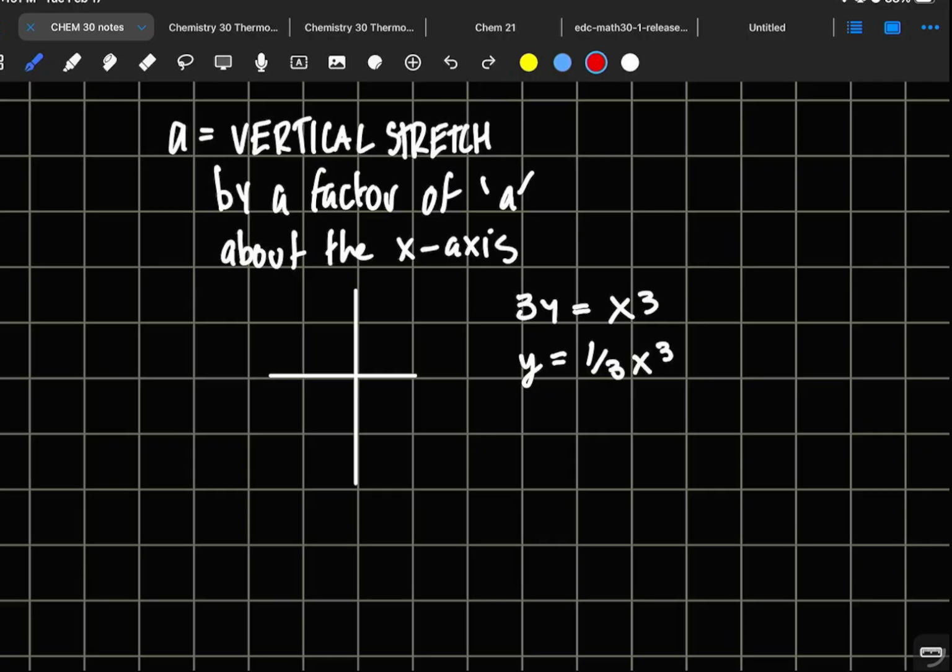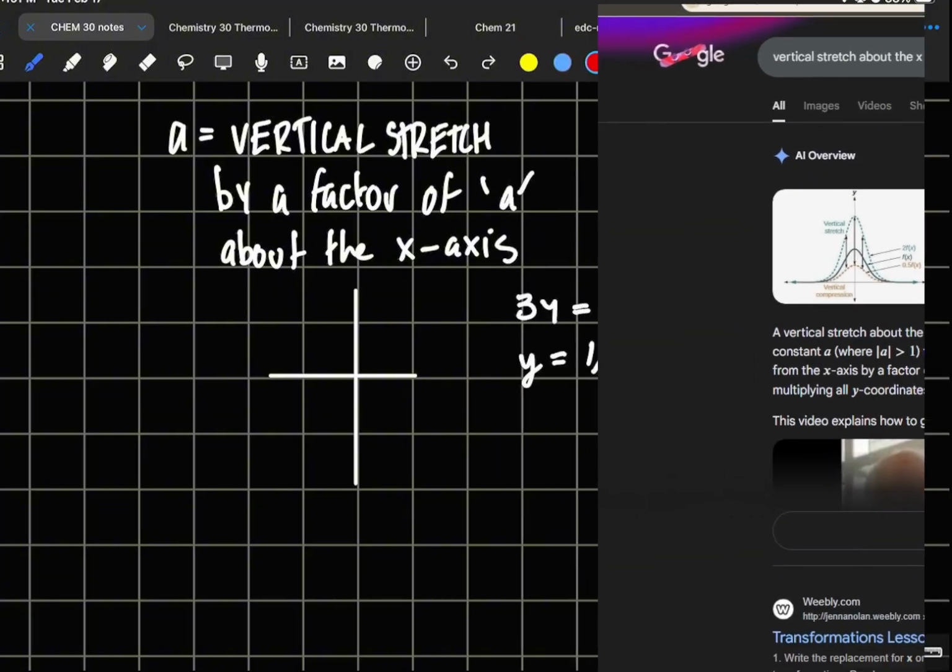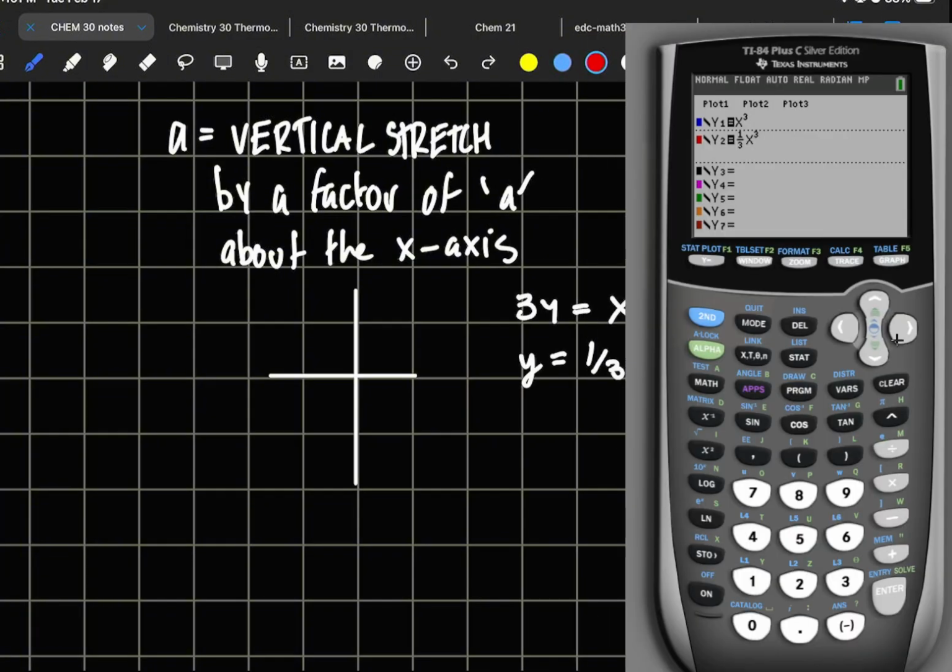Now if you were to compare the graph of x cubed, let's pull out our calculator here. We can compare these two graphs, where the blue line is y equals x cubed, and the red line represents y equals 1/3 x cubed.